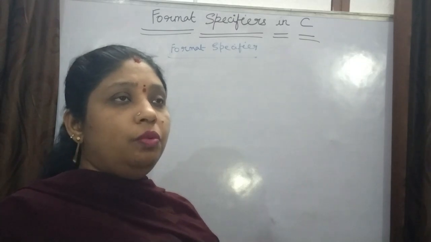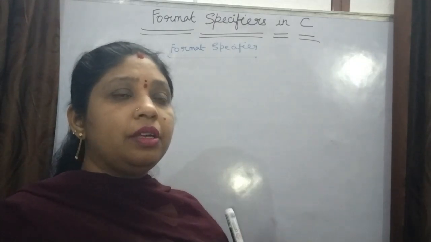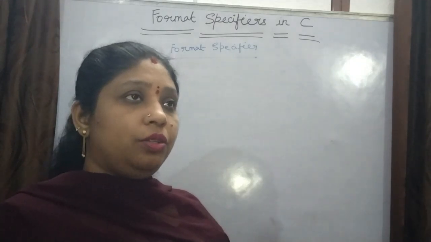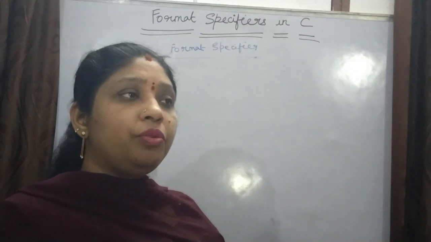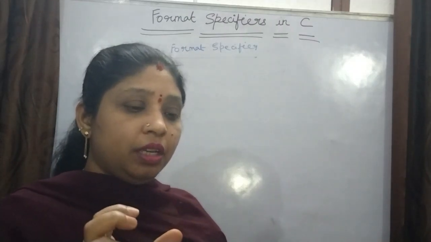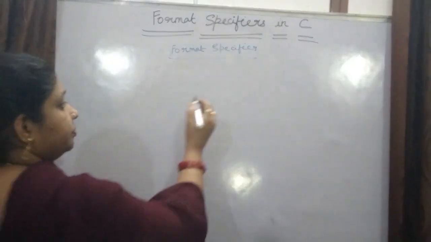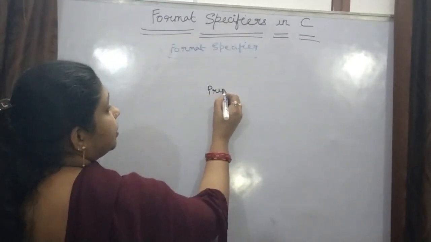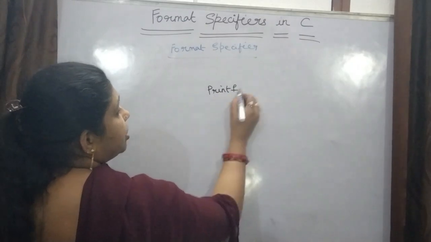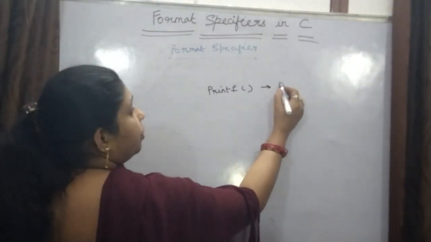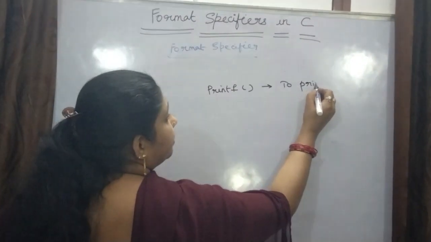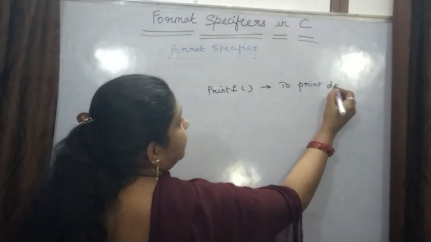When you want to print something on the console, you have to write some data. First of all, you have to use the printf function. So this printf function should be used to print data.